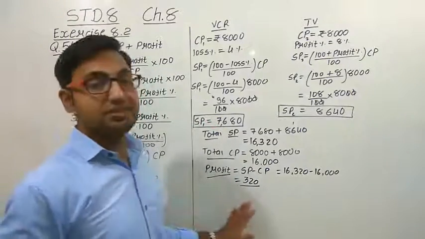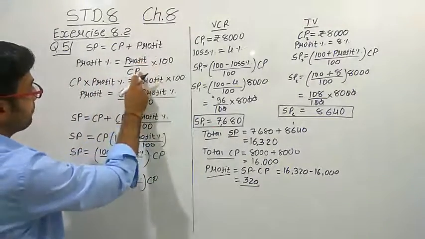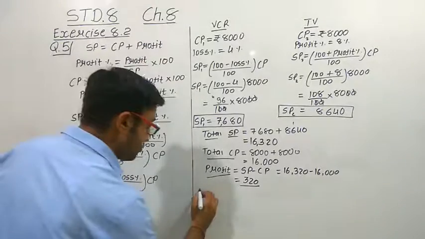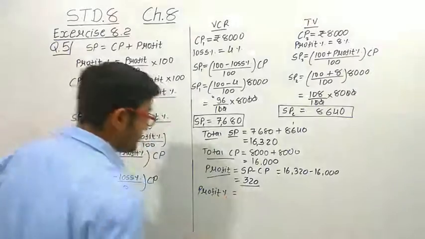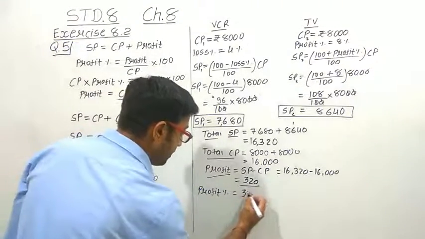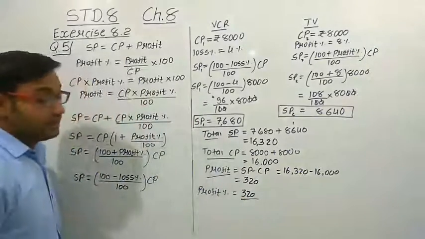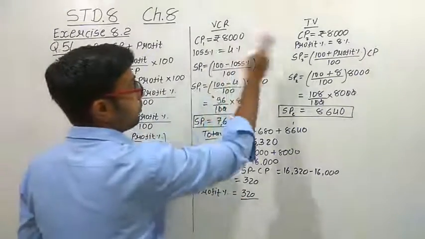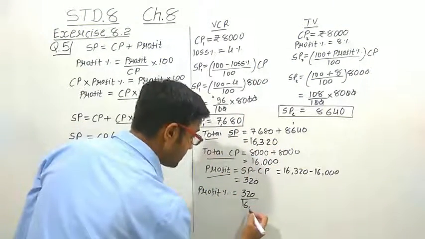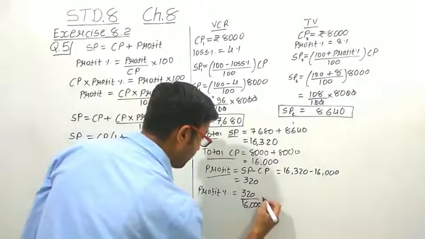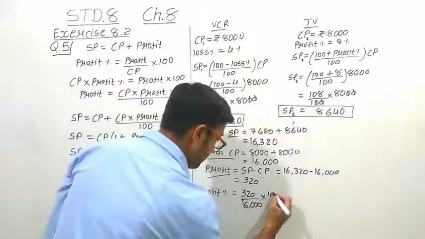Now we have to find out the percentage. So here we have the formula that profit percentage is equal to profit upon cost price into 100. So we can write it as profit percentage is equal to, what is the profit? 320, right? This is the profit upon cost price. So here we do not have to take the particular cost price, we have to take the total cost price, that is here 16,000, and here we have to multiply it with 100.